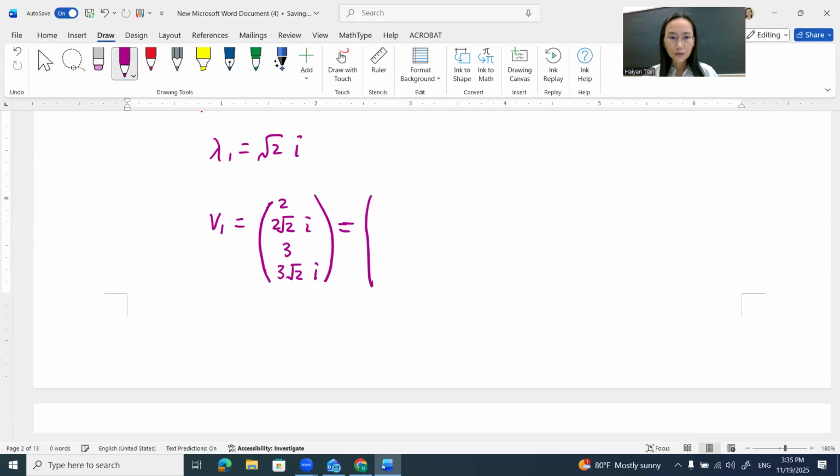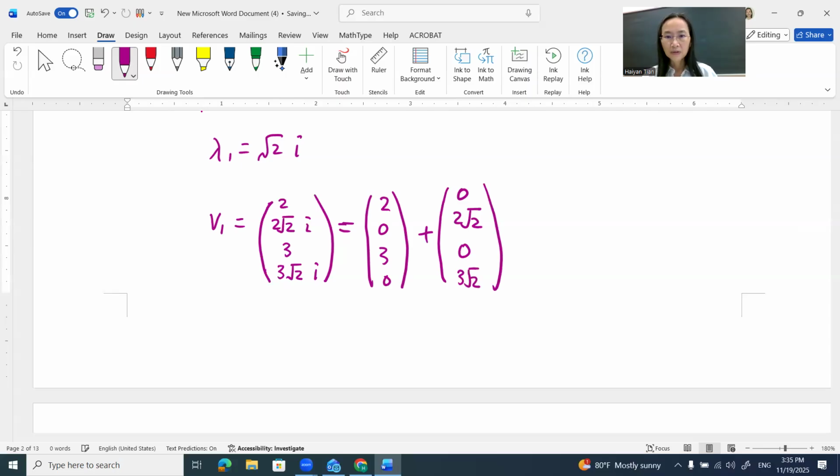So I will get the real part. Real part is this vector. Imaginary part is this vector. Then you combine these two parts together: the imaginary part times i plus the real part, and you will get the original vector.